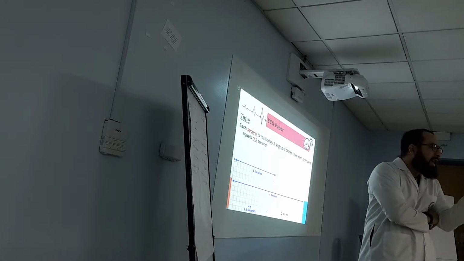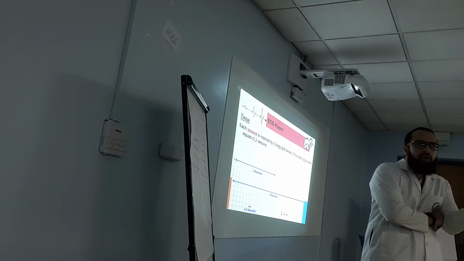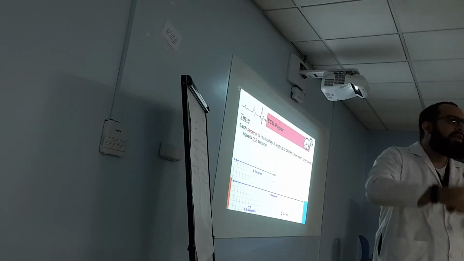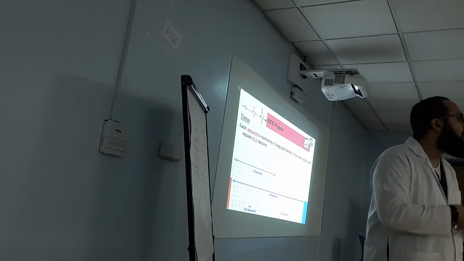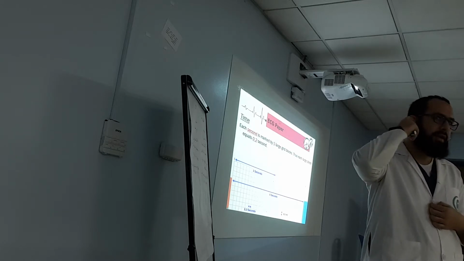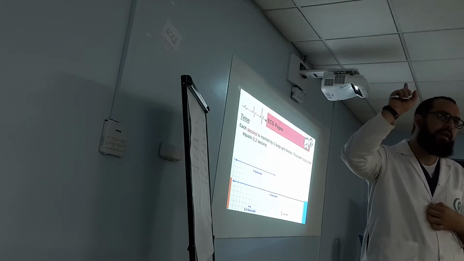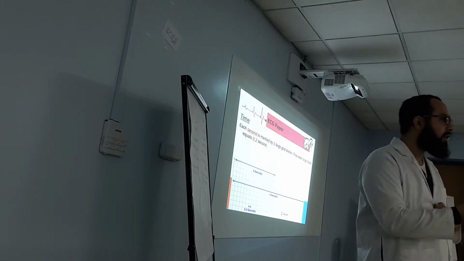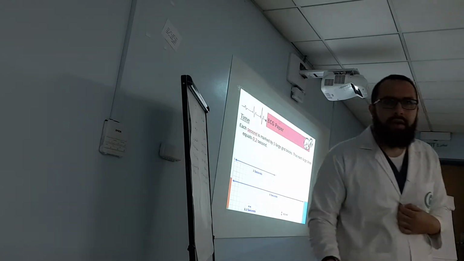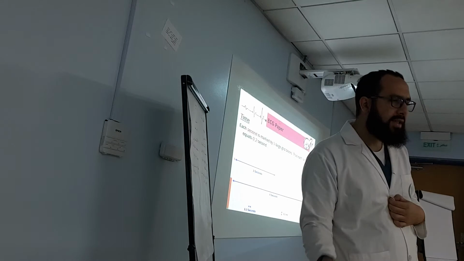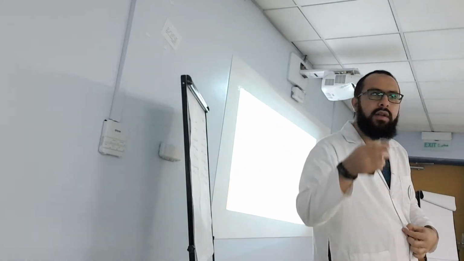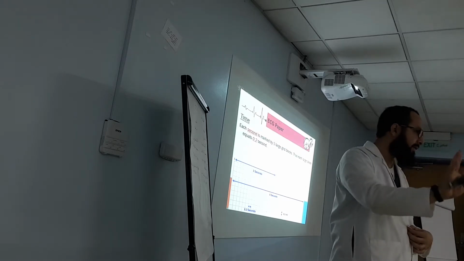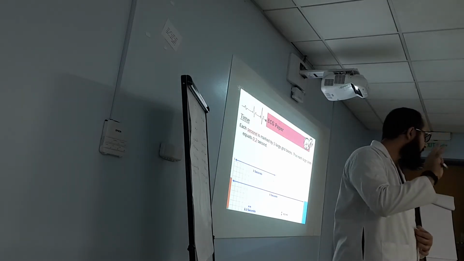Now make this paper print out for 1 minute, 60 seconds, right? So print it out for 1 minute. So how many large squares? 300. So 300 large squares per minute, because the minute has 60 seconds and every second is 5 large squares, okay?